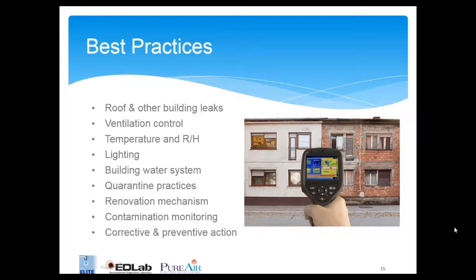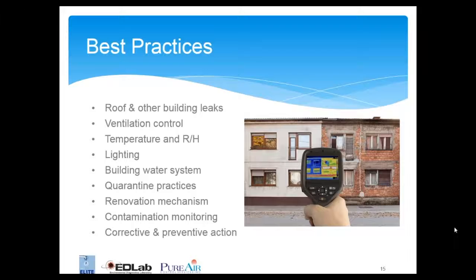That's one of the very important steps. Ventilation control in the building: whether the ventilation is natural or artificial, man-made. Temperature and humidity: how they behave, and what factors influence them. Lighting or source of light: how deep the light goes, or what the penetration of light inside a building is. Building water system: where the water is coming from, how the water is disposed, etc.